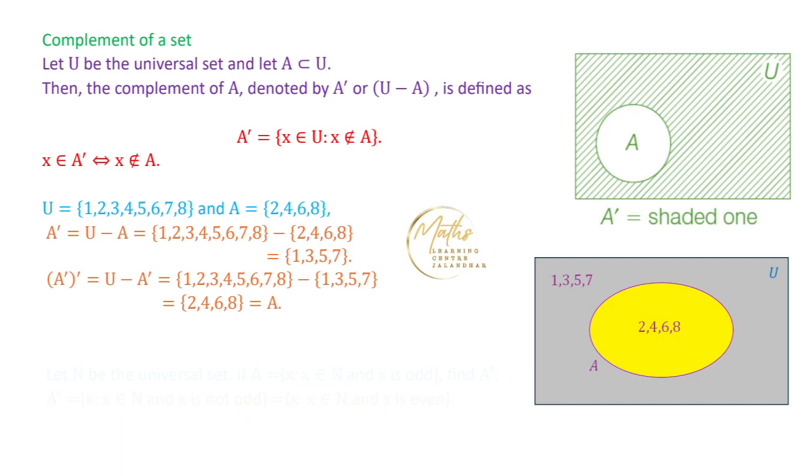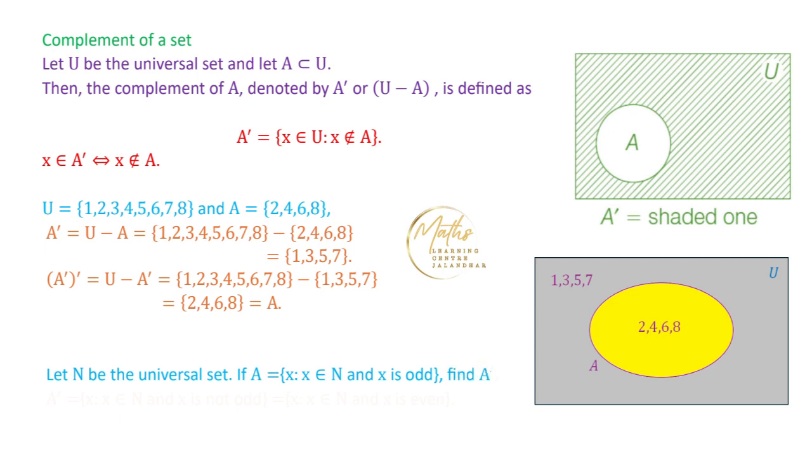Now let us consider another example. Let N be the set of natural numbers, and we are saying that A is equal to {x such that x belongs to N and x is an odd number}.